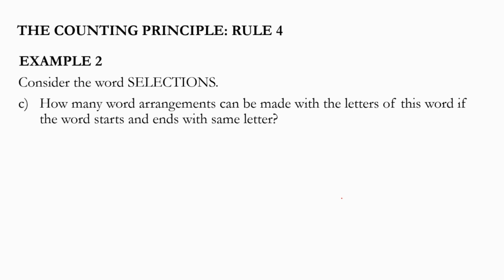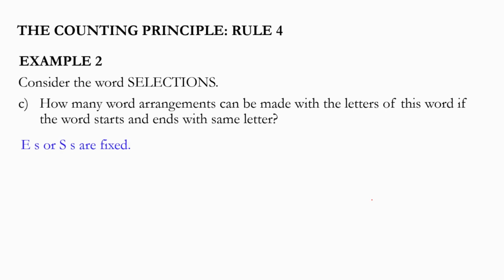Okay, right. Let's look at C. How many word arrangements can be made with the letters of this word if the word starts and ends with the same letter? We have two situations here: either starting with E and ending with E, or starting with S and ending with S. So we find the two different ways and then add them.